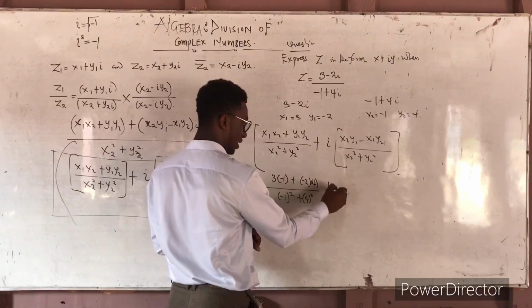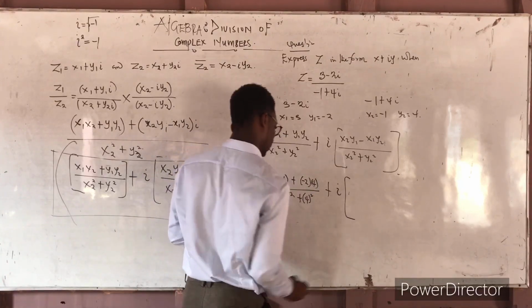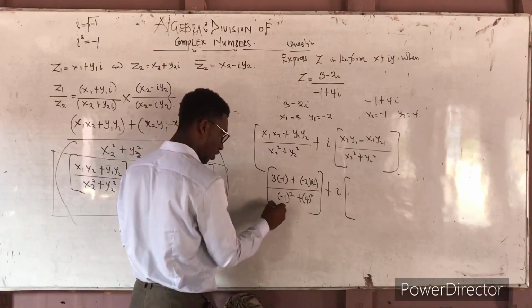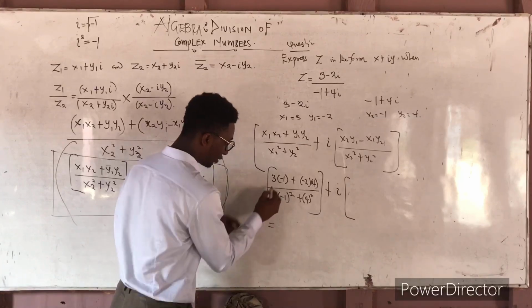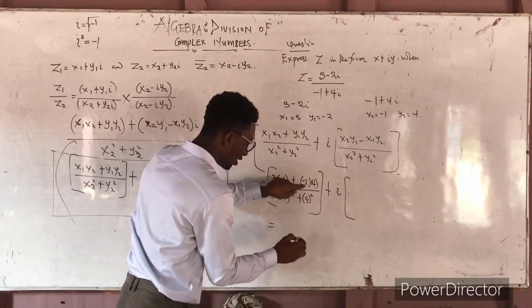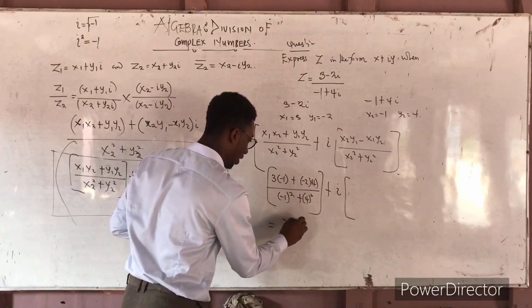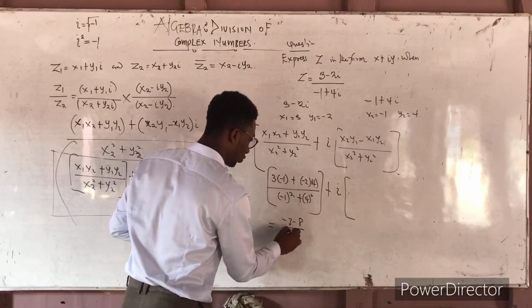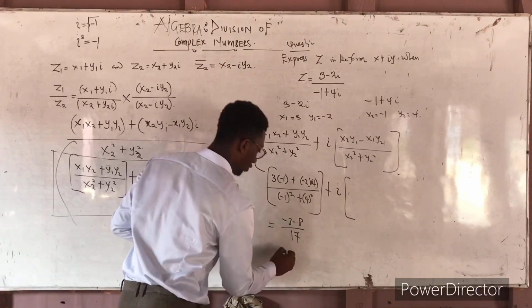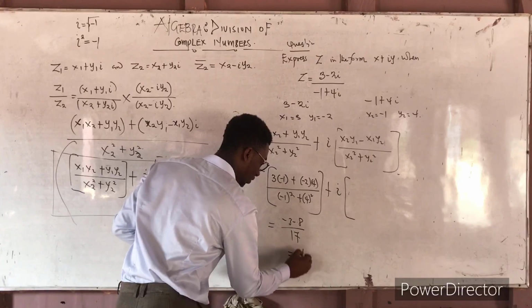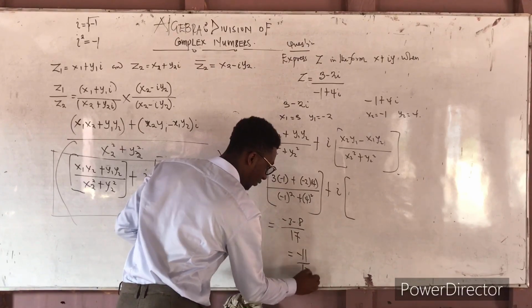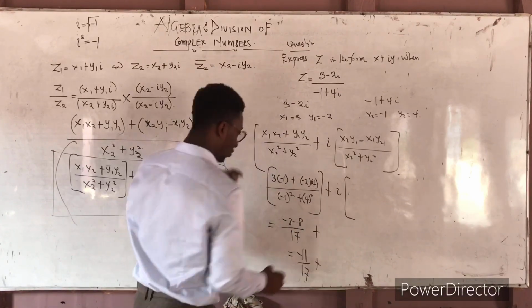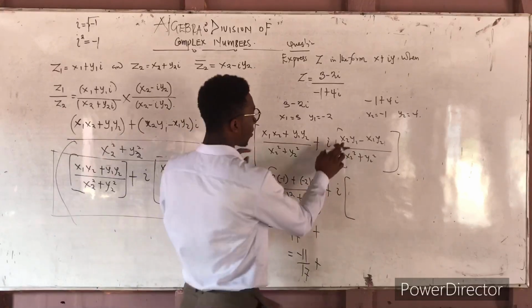Okay. Plus i, the imaginary part. This is the real part. So if you do the real part, this will give you minus 3, this will give you minus 8. So minus 3 minus 8 all divided by, this one will give you 17. So therefore, we are getting minus 11 on 17 plus, so we have to do the imaginary part.